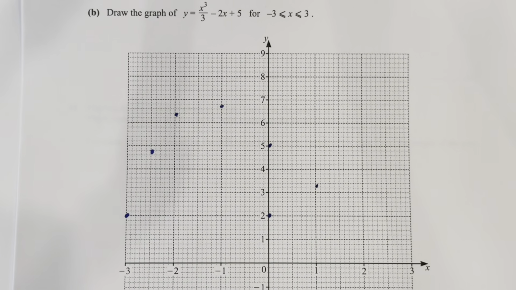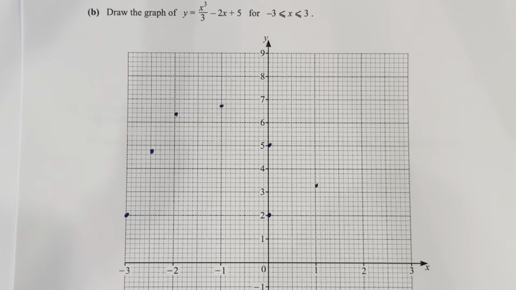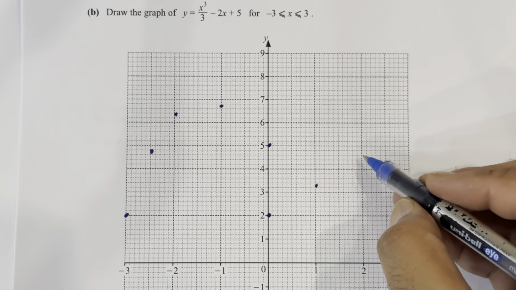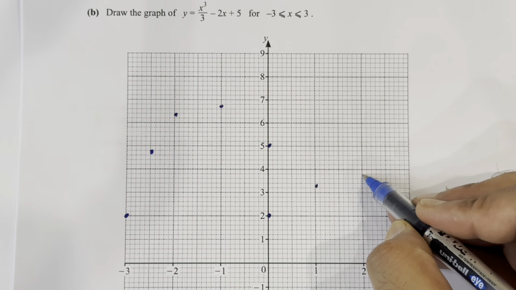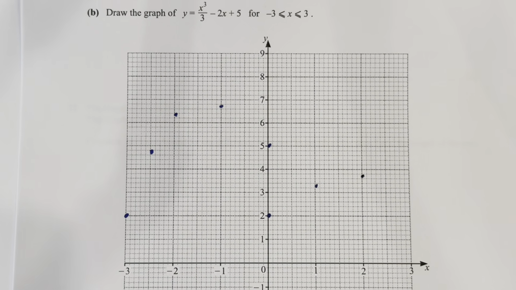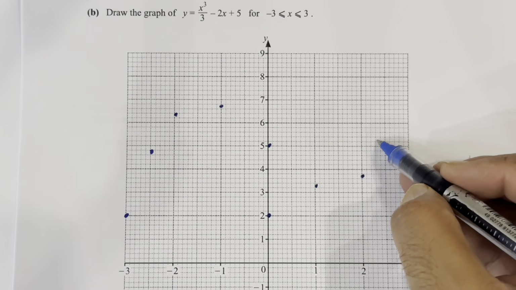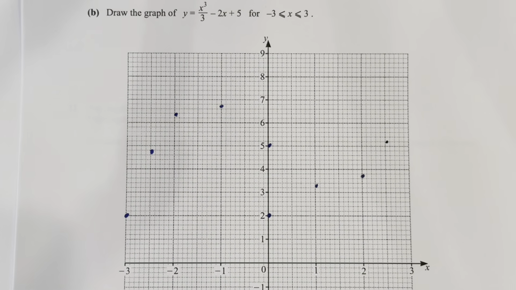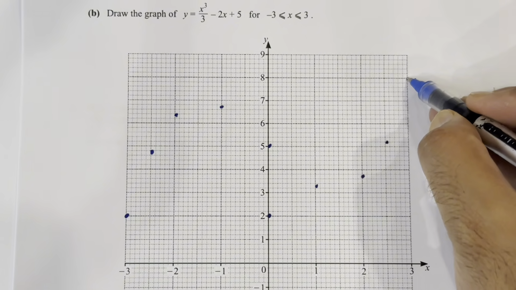For the value of 2, our answer is 3.7. And for the value of 2.5, our answer is 5.2. And for the last, when the value of x is 3, the value of y is 8.